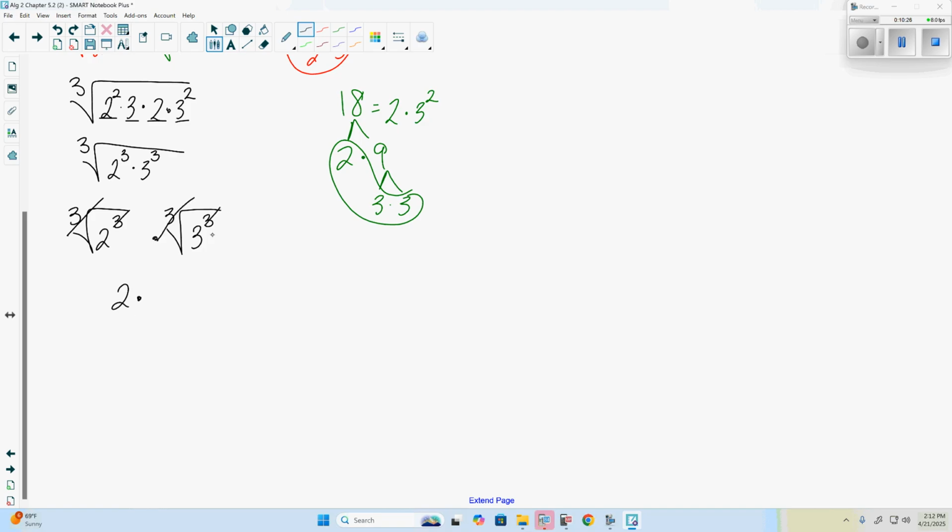The cubed root of 3 cubed is 3, and 2 times 3 is 6. Really, if we can see that we can take the cubed root of 2 and the cubed root of 3 here and go straight to 6, yes. 2 times 3 is 6. That's really all we're saying.